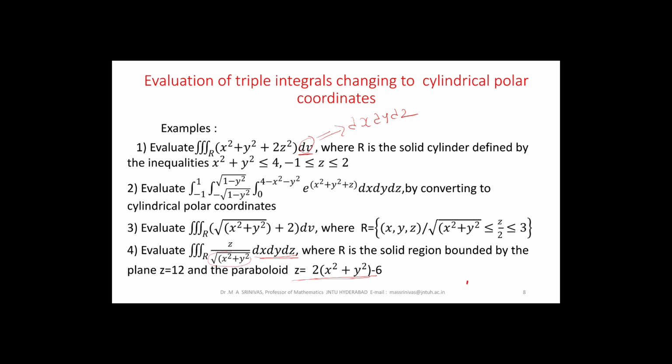Whatever region you get, you consider in polar coordinates r and theta, and the z limits will be the minimum and maximum values of z in that region. That is how we evaluate triple integrals by converting them into cylindrical polar coordinates.